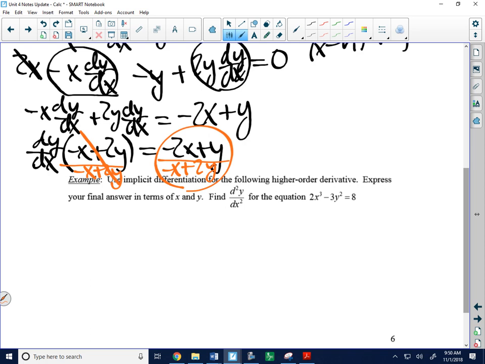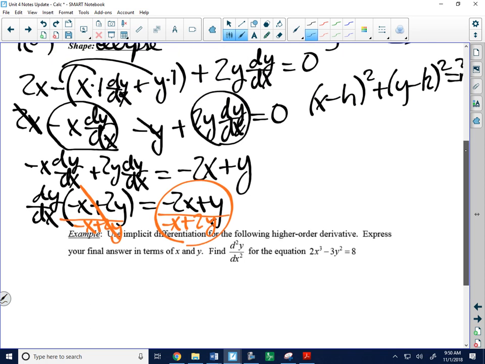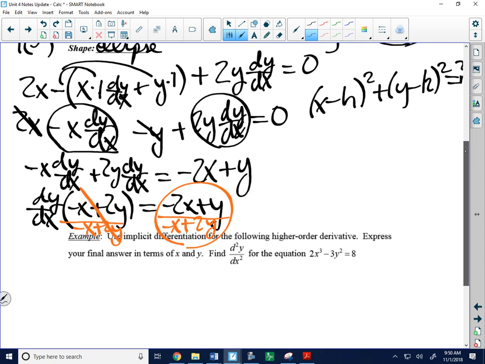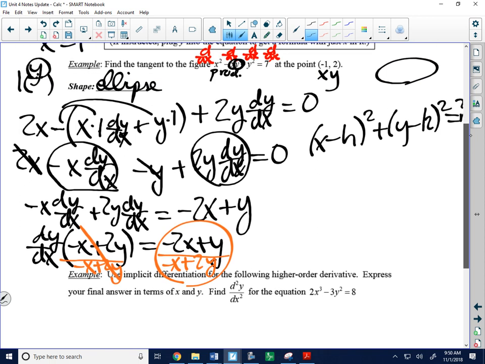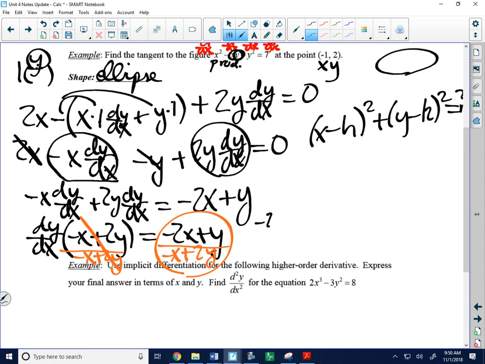So let me just go ahead and finish it off real quick to get the slope. Now it's the same as the last one. I plug in my point, negative 1 for x, and 2 for y. So negative 2 times negative 1 is 2, plus 2, that'll be 4.